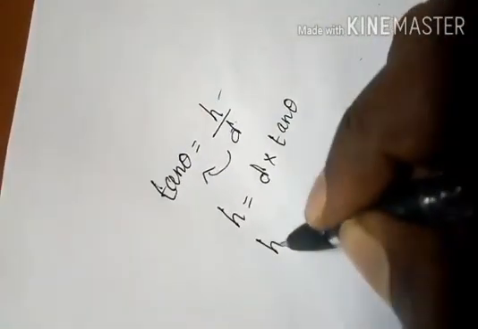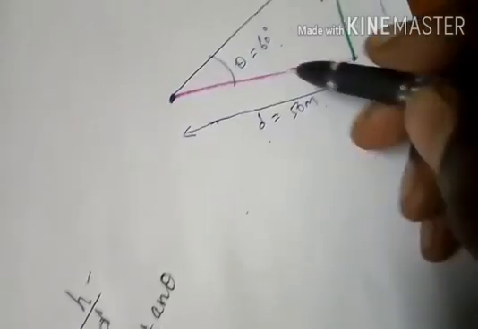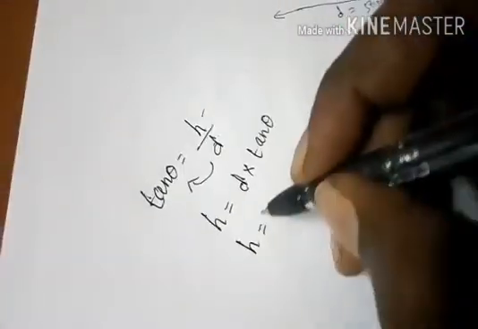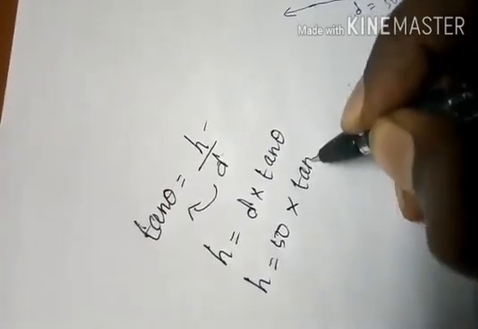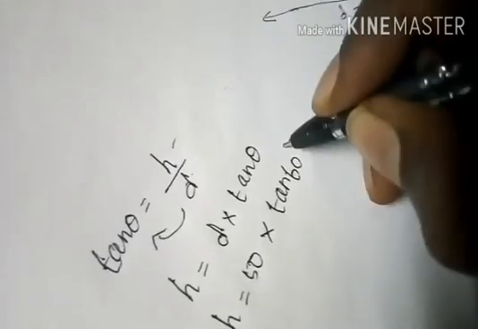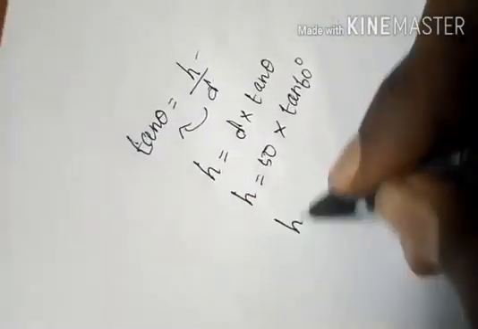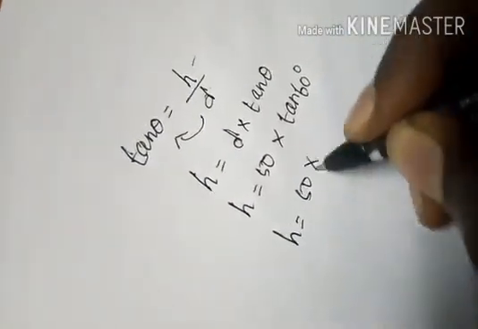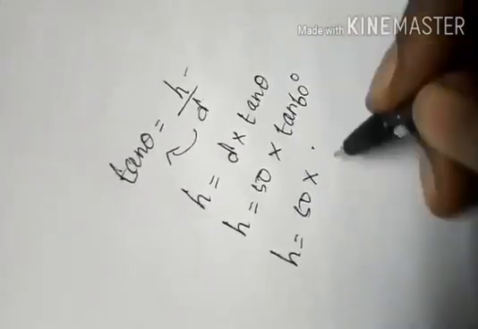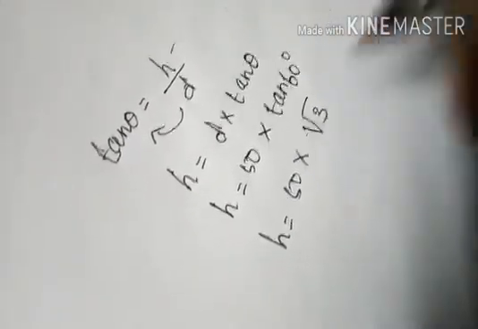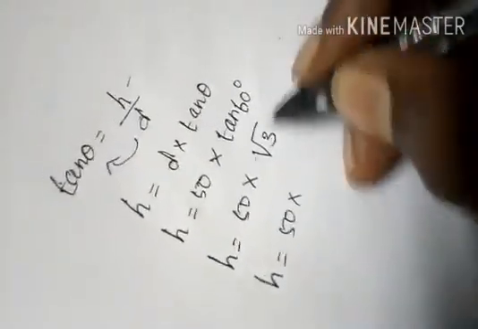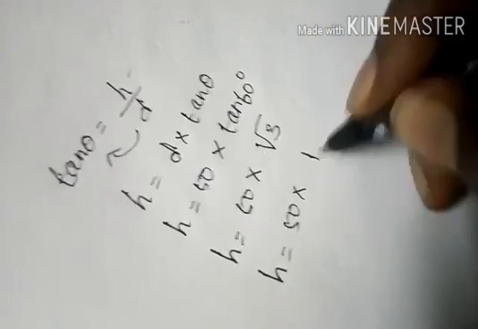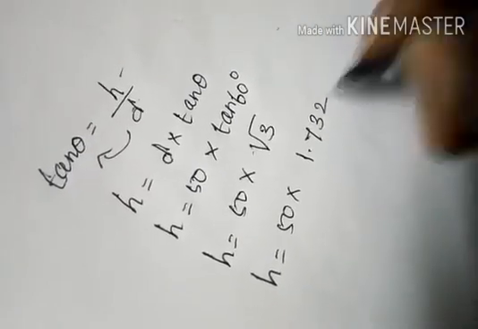So here h equal to, d value is 50, and tan theta value, 60 degree. So tan 60 degree. Now h equal to 50 into tan 60 degree value, what? Root 3. Then h equal to 50 into root 3, constant value is 1.732.